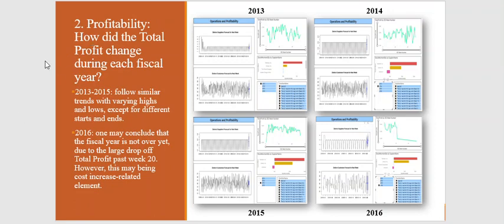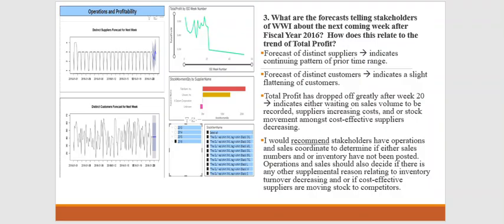So how did the total profit change each year? As discussed previously, profitability fluctuated pretty steadily throughout all years, 2013 through 2015. The exception was 2016 when it started to dip after week 20. This could be for several reasons, which I will go into on the next couple slides here.